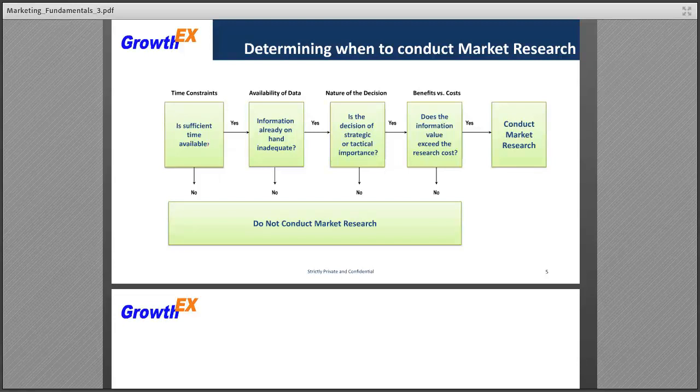So I will ensure that I have adequate information in hand, which will form the basis of my market research decisions. However, I will also analyze whether the information I will arrive at after market research is done will be adequate or not. If it will be adequate, then I will go ahead with my market research. If it will be inadequate, I will not go ahead.